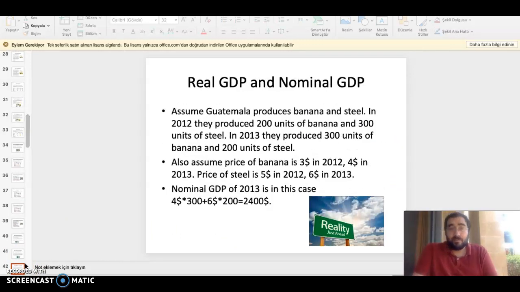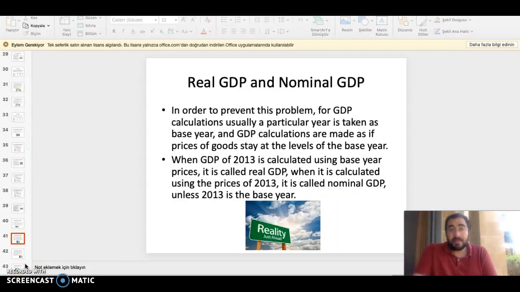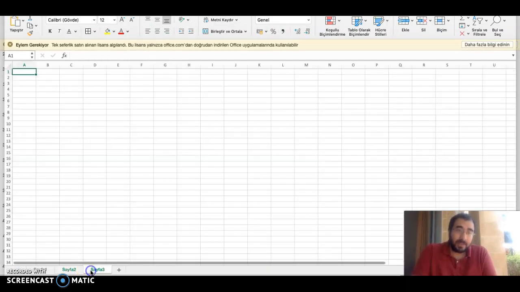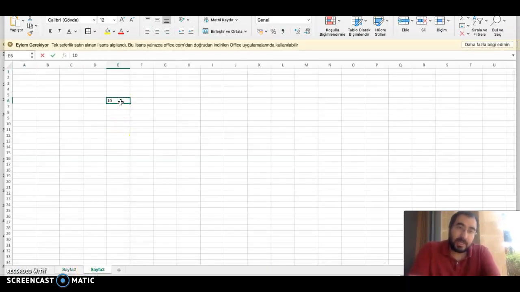So, one thing that should be taken into account when you calculate GDP is this. Think that you produce 10 units of bread. This is quantity, let's say.